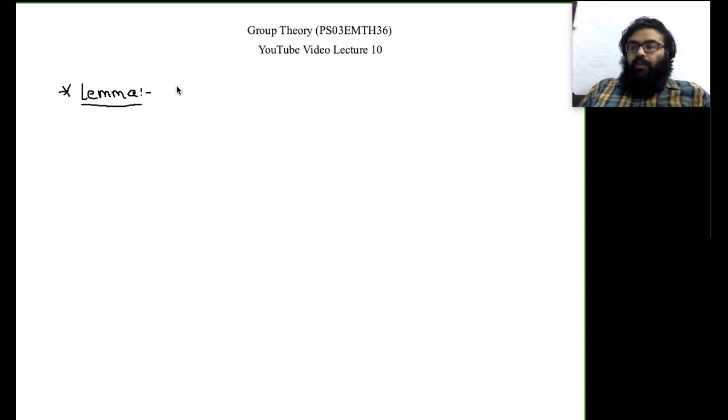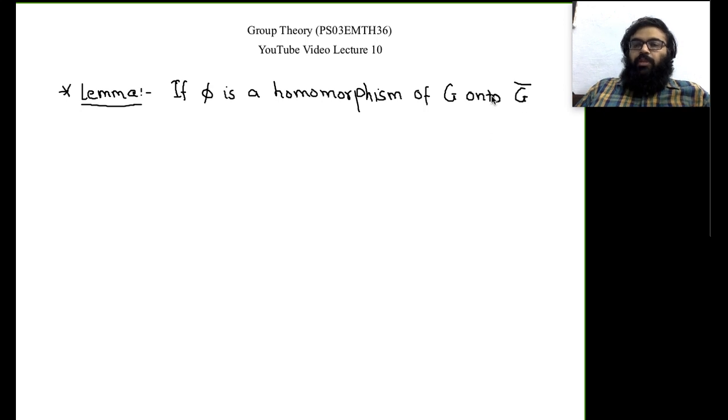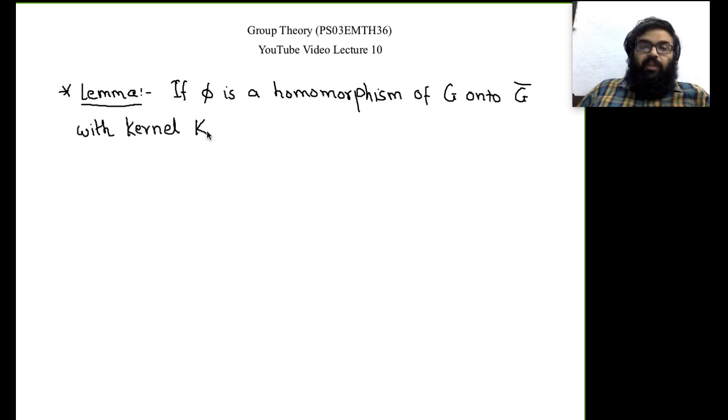So the lemma was this: if phi is a homomorphism of G onto some group G bar with kernel K, suppose we denote the kernel by K, then we are interested in investigating what are all the inverse images of some element of G bar.